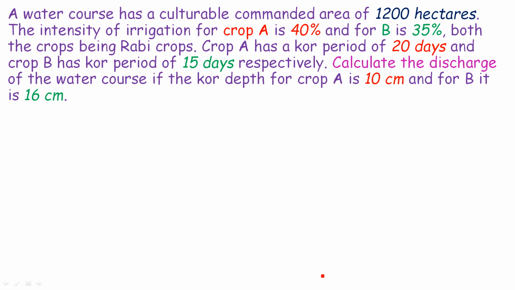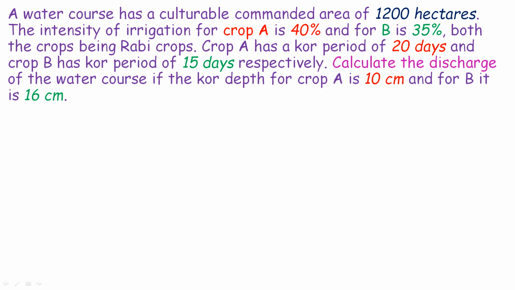Read the question properly. Here it is saying that a water course has a cultivable command area of 1200 hectares. The intensity of irrigation for crop A is 40% and for crop B is 30%. In the previous questions we solved for seasons, for Rabi and Kharif.